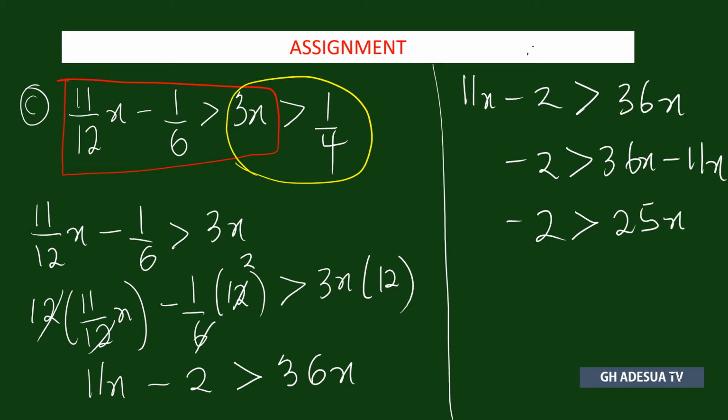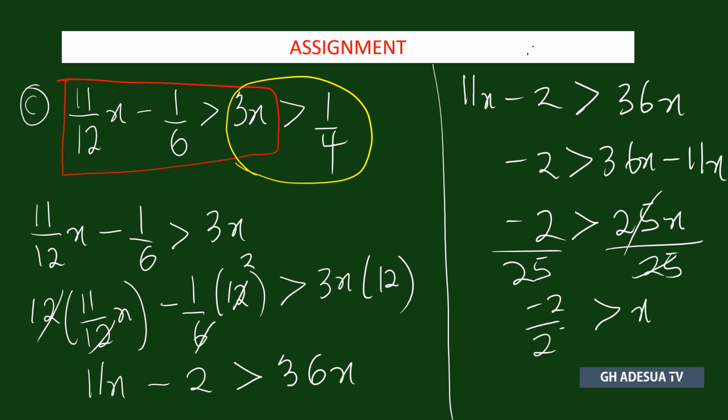That is positive. However, we don't want x to stand. We want x to stand alone. We can't leave it as 25x. So you divide by 25. Do the same to the left hand side. So we have x negative 2 over 25. So that is the outcome for the left hand side of the equation.